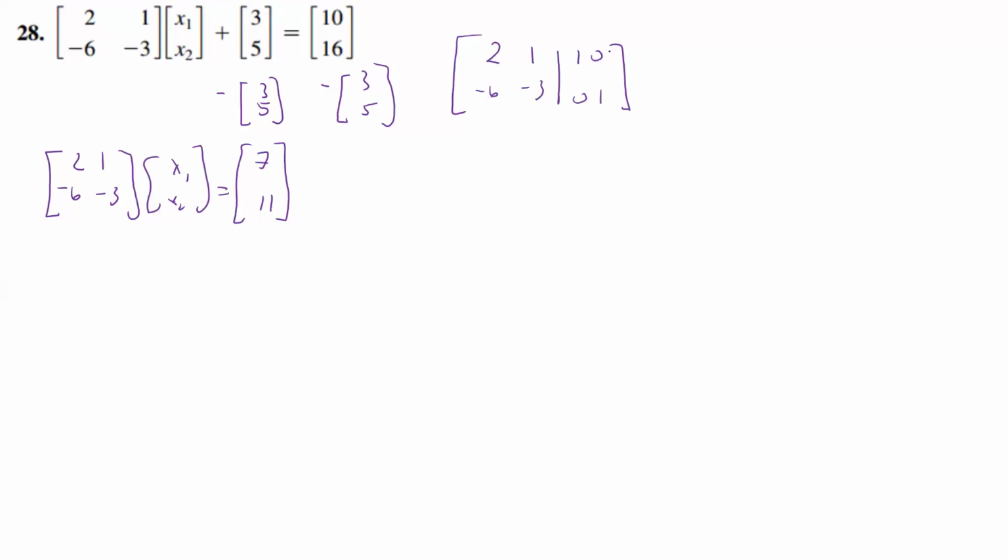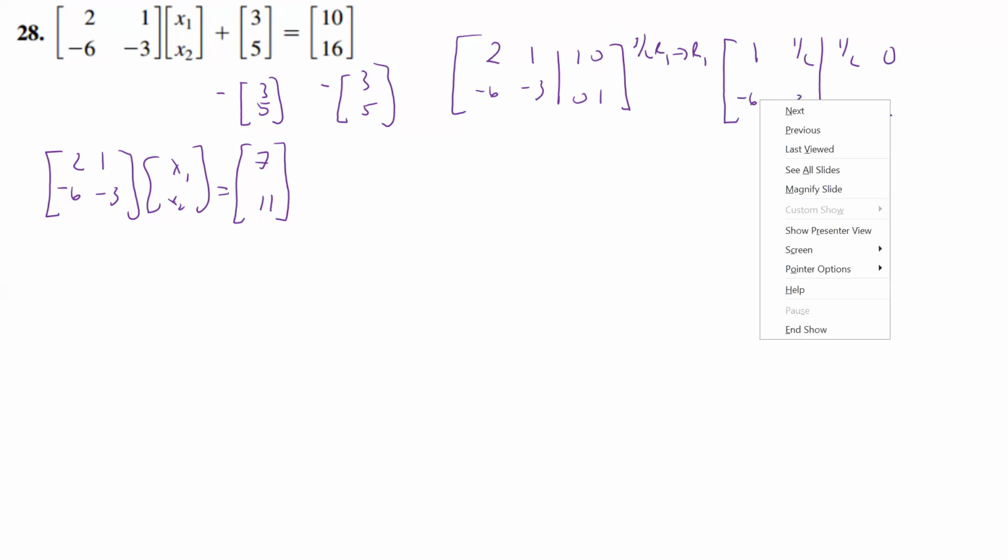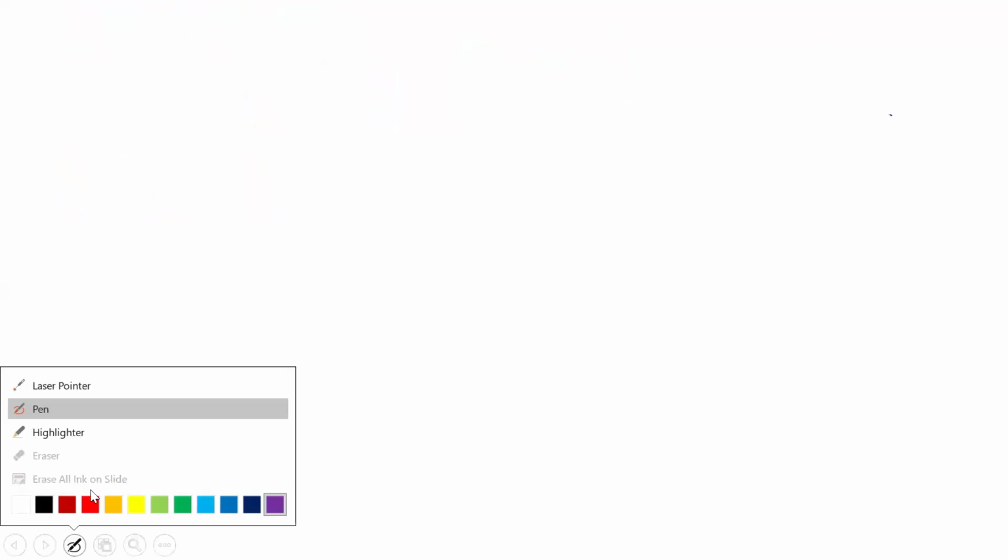All right, so first things first, it looks like we have to take 1/2 row 1, and that's going to be our new row 1. So it's going to be 1, 1/2, 1/2, 0, -6, -3, 0, 1.